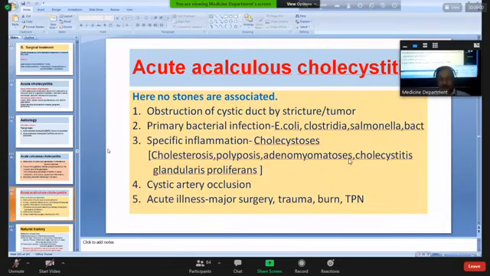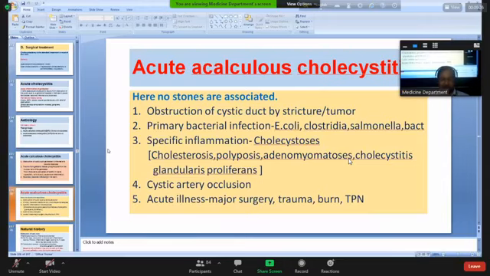Acute acalculous cholecystitis: A means no. You could understand that in this category, there are all features of acute inflammation, but there is no stone present in the gallbladder. Here, the inflammation is related to some known factors. Number one, obstruction of the cystic duct by stricture or tumor.